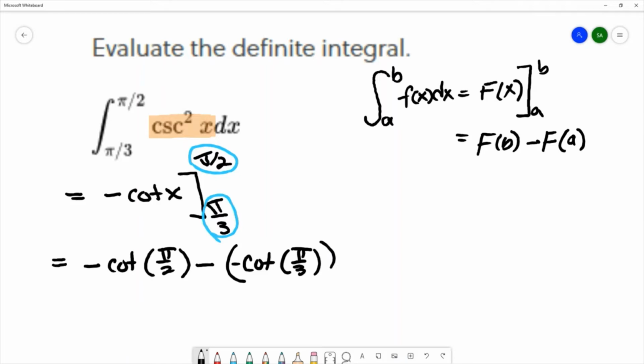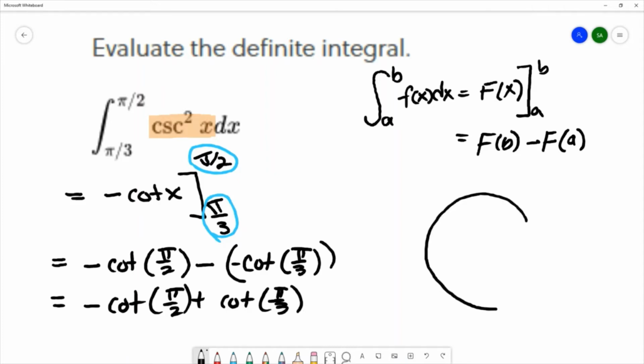So then to simplify this, we would have negative cotangent of pi over 2 plus cotangent of pi over 3. And we need to think about our unit circle. So on our unit circle, we need to look at the values of pi over 2.